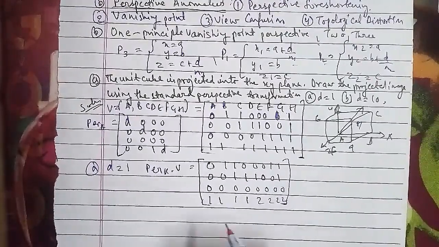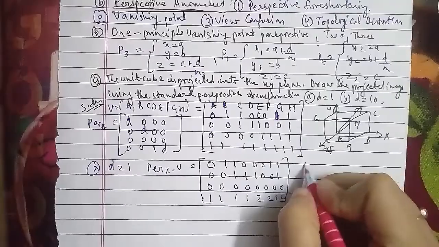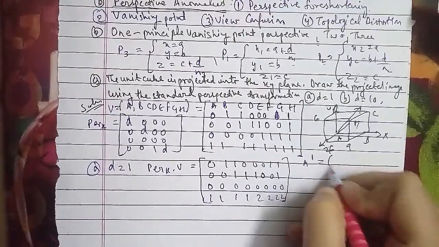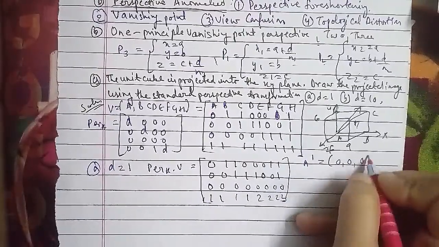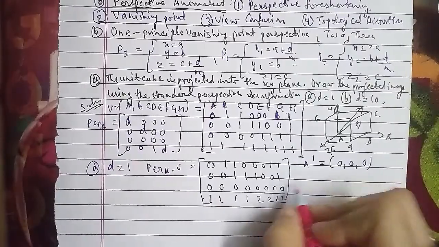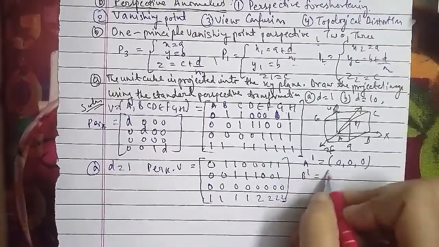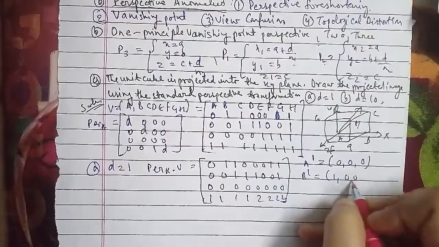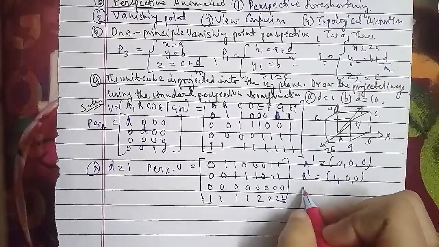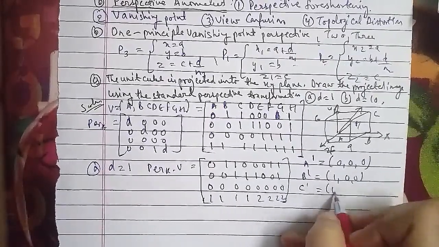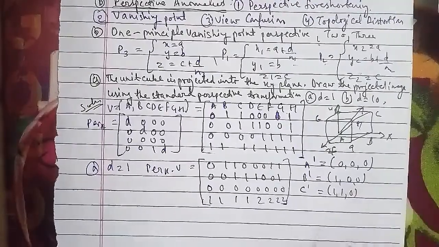So A dash is equal to 0 comma 0 comma 0. B dash is equal to 1 comma 0 comma 0. C dash is equal to 1 comma 1 comma 0.